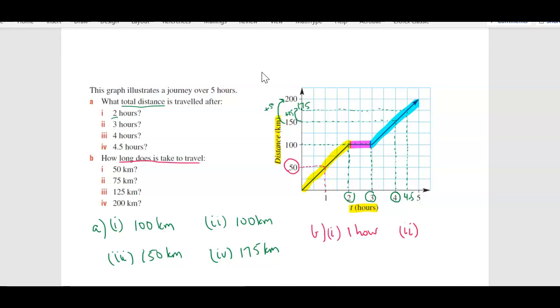Part 2, 75 kilometers. All right, so 75 kilometers is here. Remember, each minor line is going up by 25. And then we go down. Then halfway between 1 and 2 is 1.5.